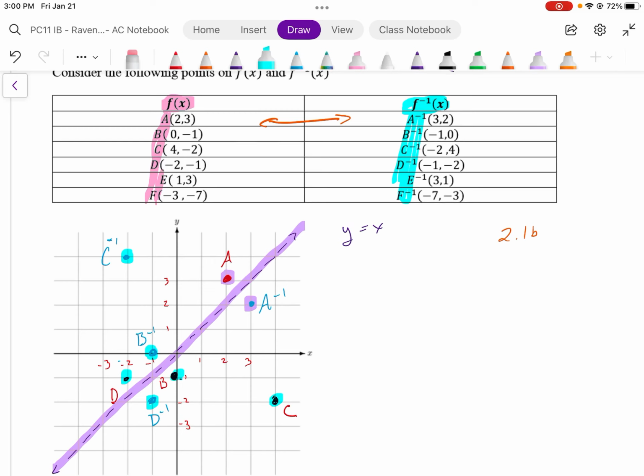In inverse functions, the x's and the y's are switched. But also, when we have points, or more generally a graph, the function and its inverse will be the mirror image of each other.